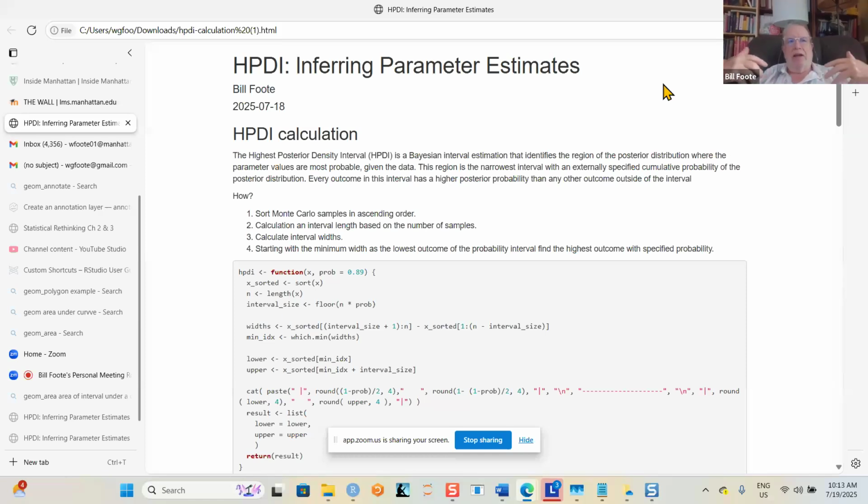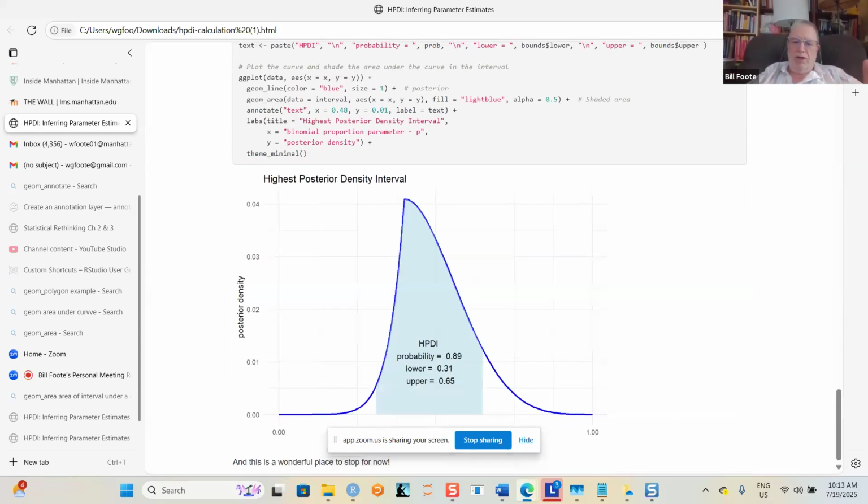We do not have a confidence interval. The confidence interval, I think, is the right idea for communicating results to consumers of the analysis, definitely. Give them a range and tell them your belief in how likely it is. That's all this is. And what this does, HPDI, is, and I'm going to go all the way to the bottom here. There we go.